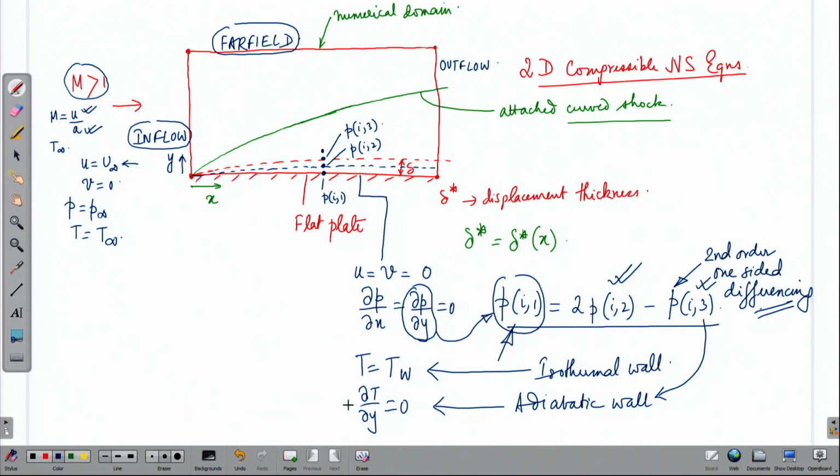And this is how you can progress with the solution by updating values at the walls. As far as velocity is concerned, that of course remains 0.